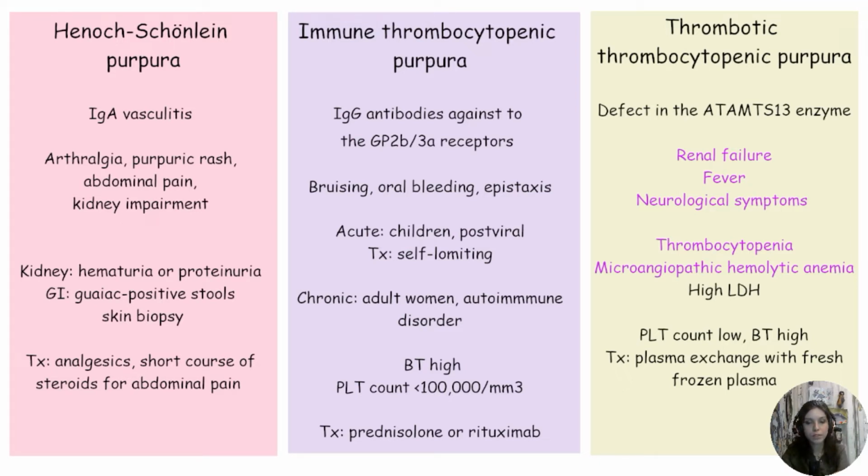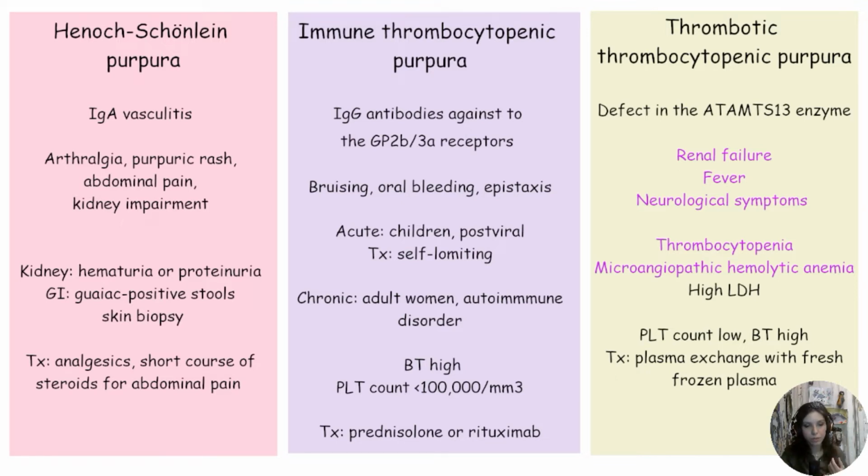For diagnosis, tests can be used to determine kidney function. Skin biopsy is the gold standard, but it's usually not necessary. Treatment is just supportive, because it's a self-limiting condition.